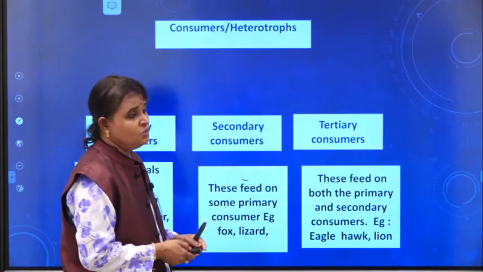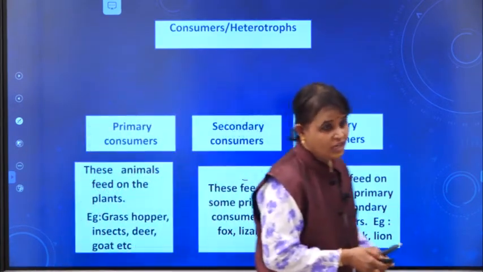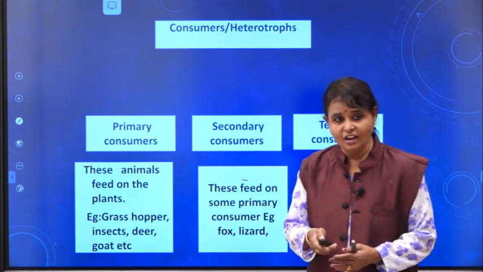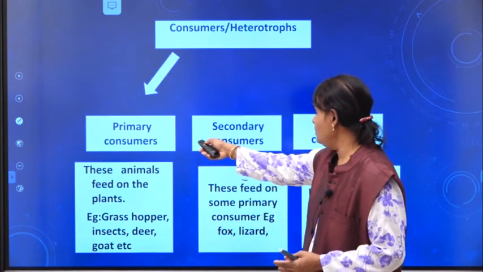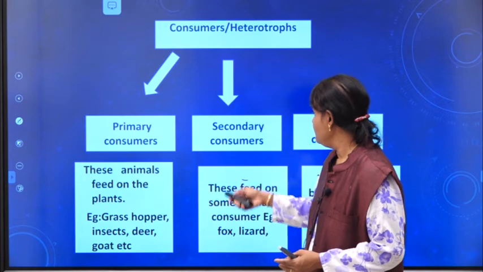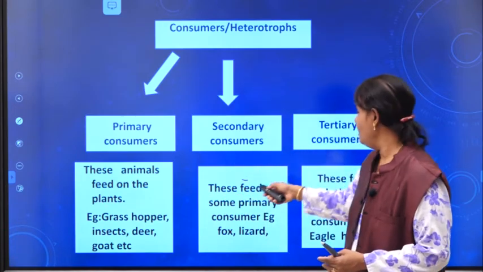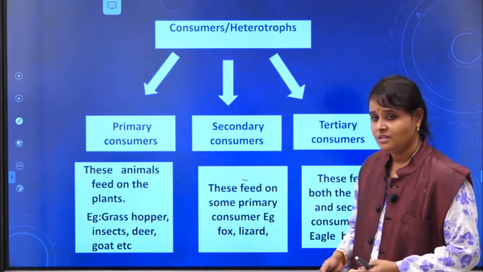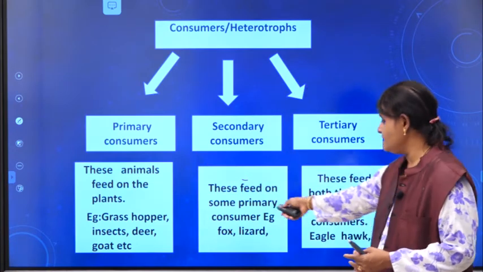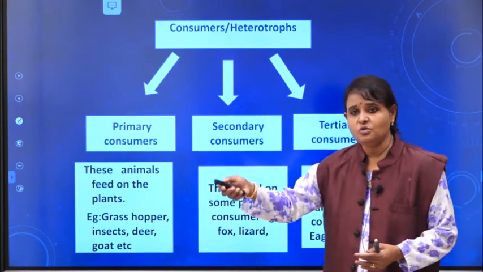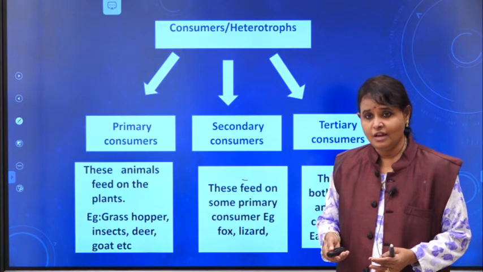These are consumers or heterotrophs. I already explained in the block diagram of ecosystem. These are classified into primary consumer, secondary consumer and tertiary consumers. Their definitions I already told you and examples I give. Give only 2 or 3 examples. Right?